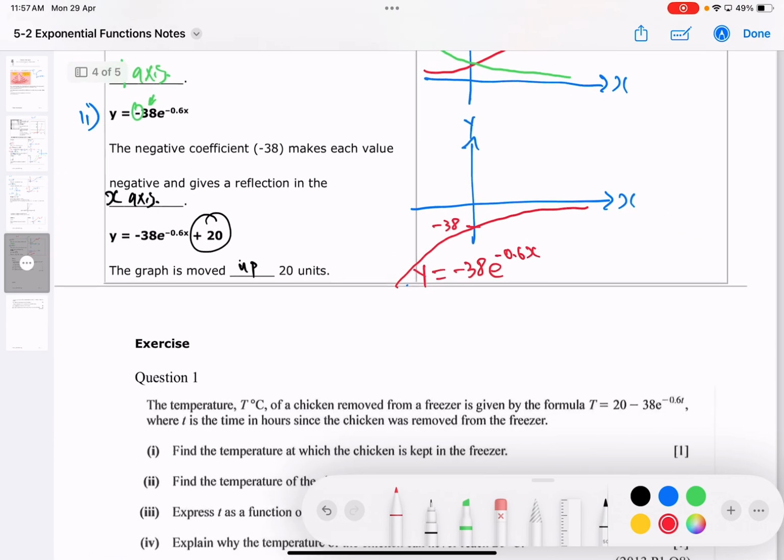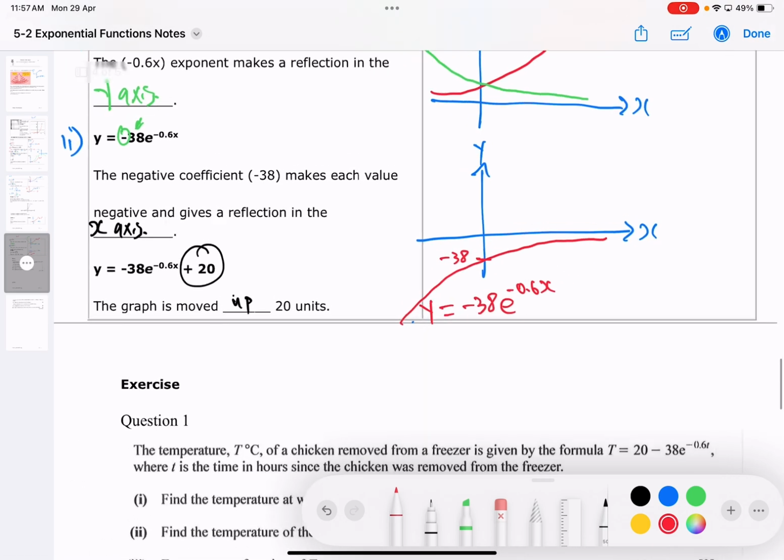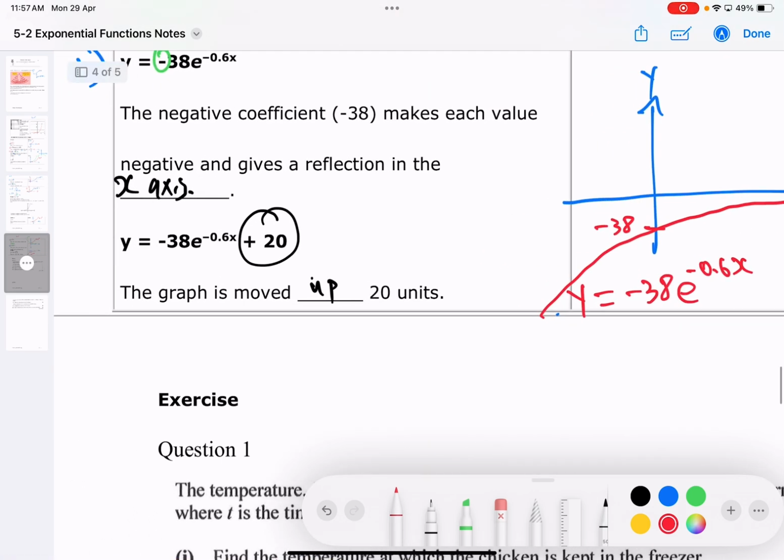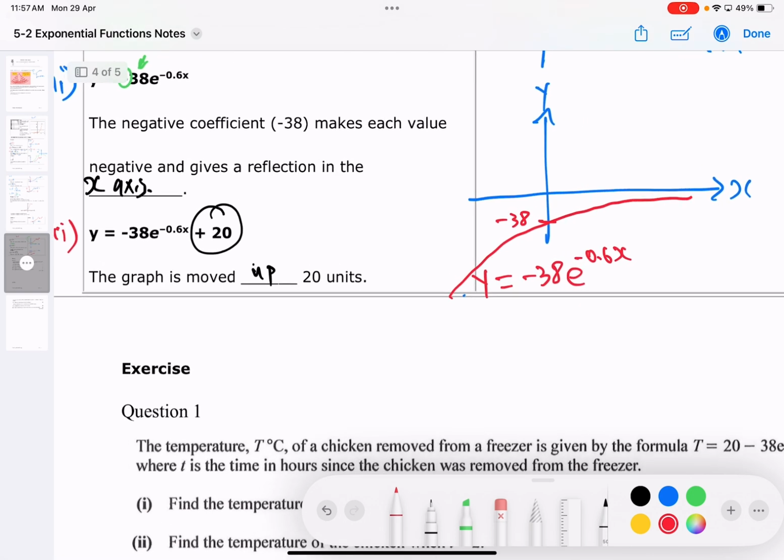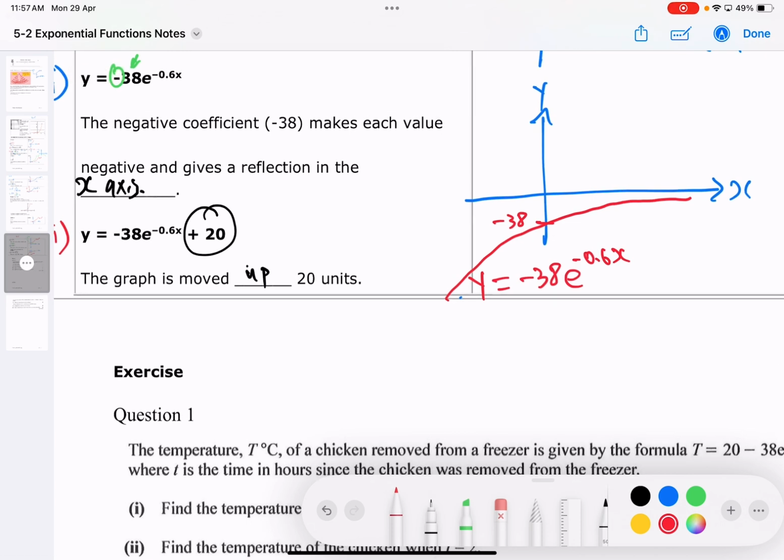So, my question to you is, how are you going to draw this part 3 without using decimals? Basically, I'm going to shift this up by 20 units. How would it look like? Can you draw it by yourself? I'm going to shift that up by 20 units.